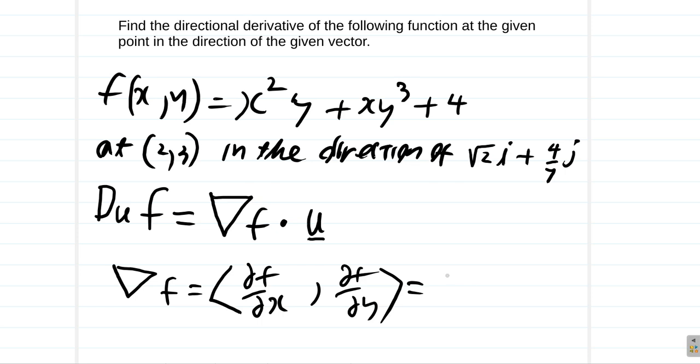Same thing as if I had said delta f by delta x i plus delta f by delta y j. You remember the different ways how you can write down vectors, right?